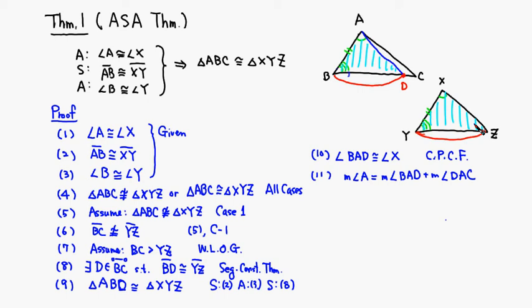Since there's no zero measure for an angle, this is definitely larger than the measure of angle BAD.